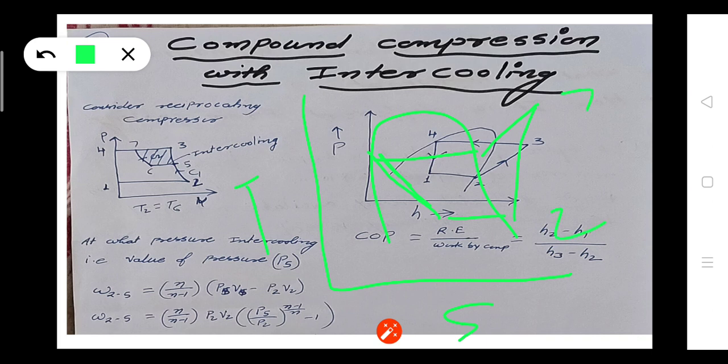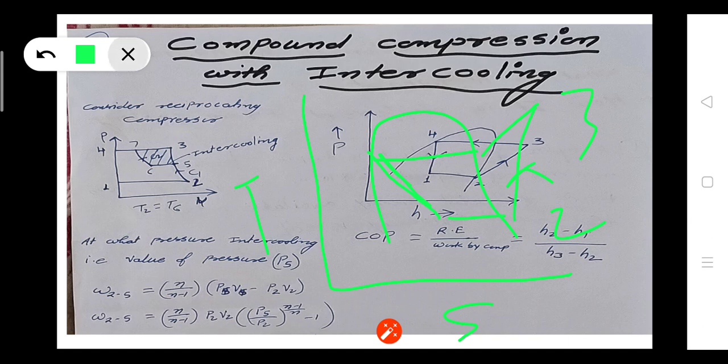This 2 to 3 process is the compression process. In the 2 to 3 process the temperature is increasing. It means in this compression process, if the temperature is increasing, the enthalpy is increasing, so the difference between the enthalpies of points 2 and 3 is more.